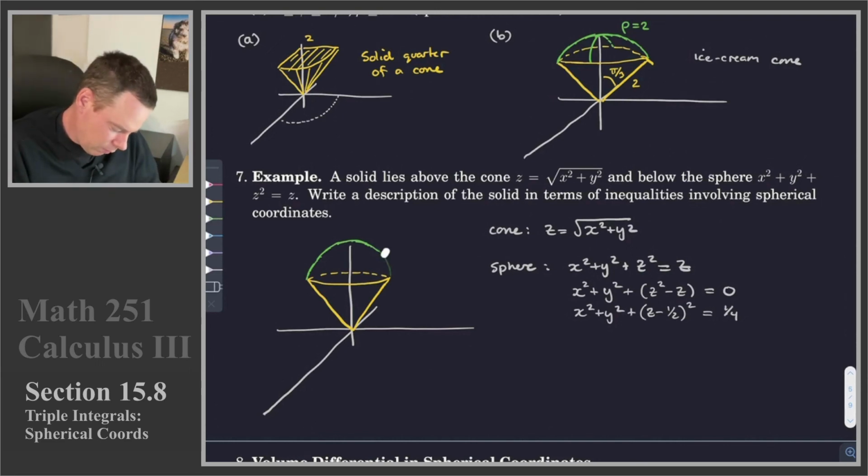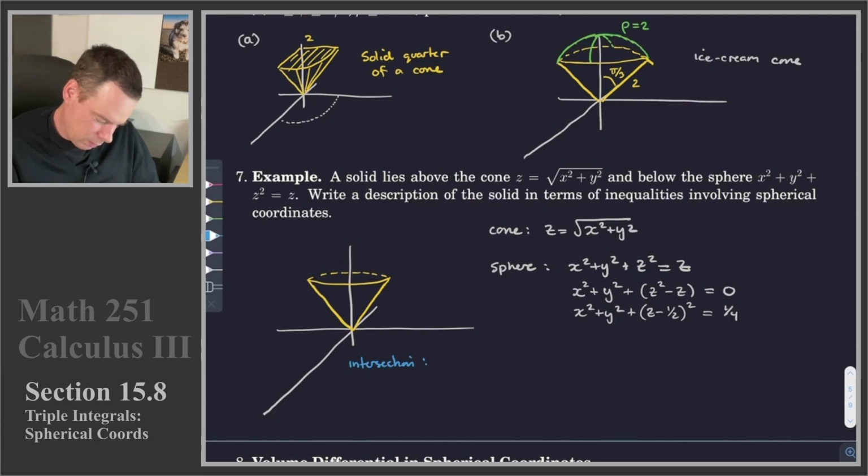So I'm just going to leave that drawing off for a second, and I'm going to look for the intersection. So what is our intersection? For our sphere, we've got x squared plus y squared plus z squared is equal to z. But x squared plus y squared is equal to z squared because that's the equation of our cone.